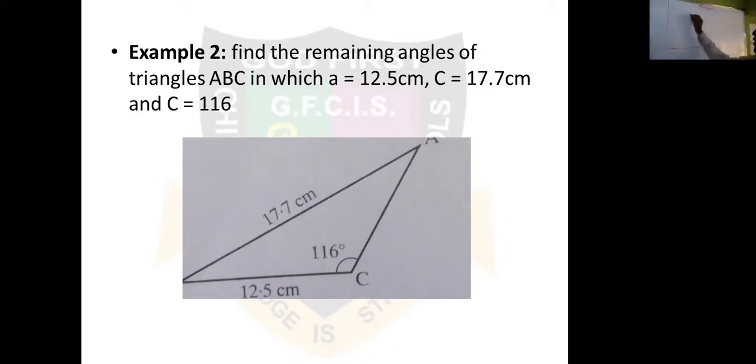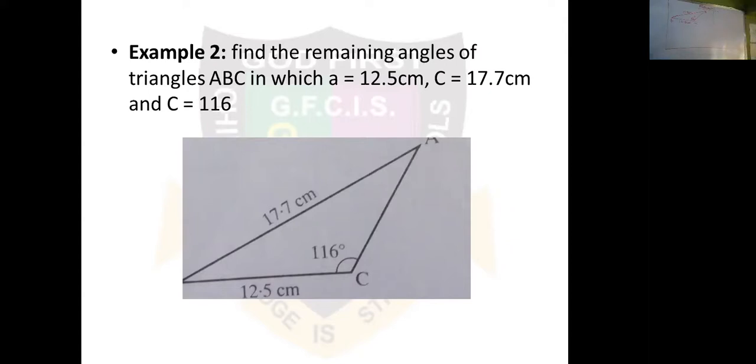All right, drawing the diagram. This is the diagram. This angle is obtuse, 116 degrees, so that's why it's wide. 17.7 centimeter, A, B, C. So what are we looking for?